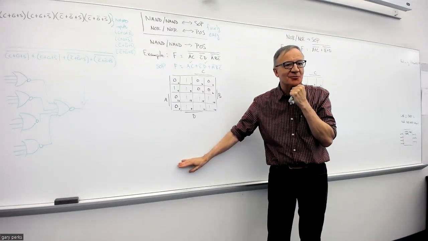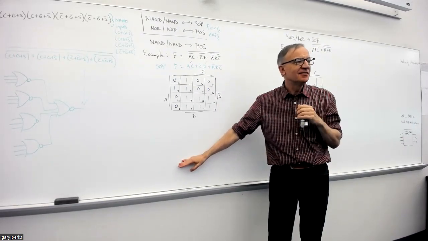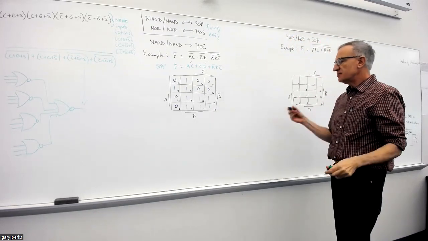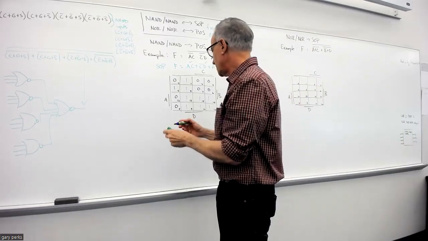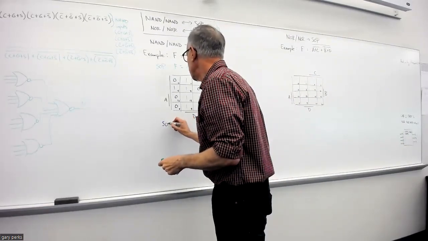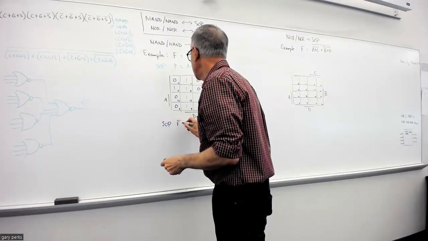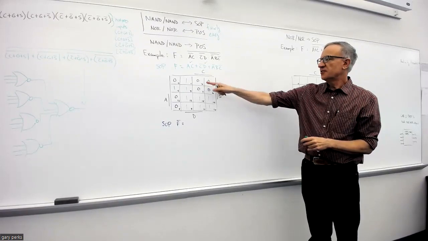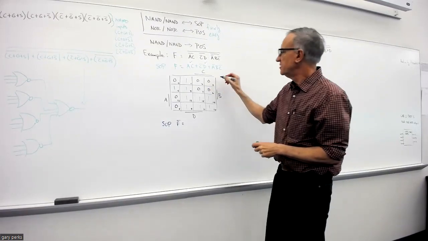De Morgan's twice, right? Okay, that's exactly right. So we just have to now write our SOP for not F. That's circling the zeros. So let's start here. We've got a group of 4 here.